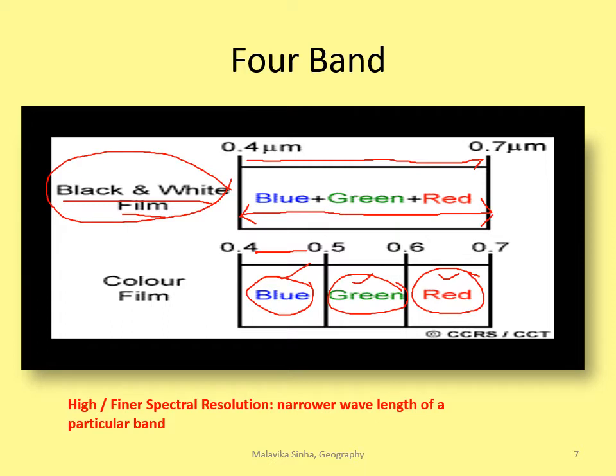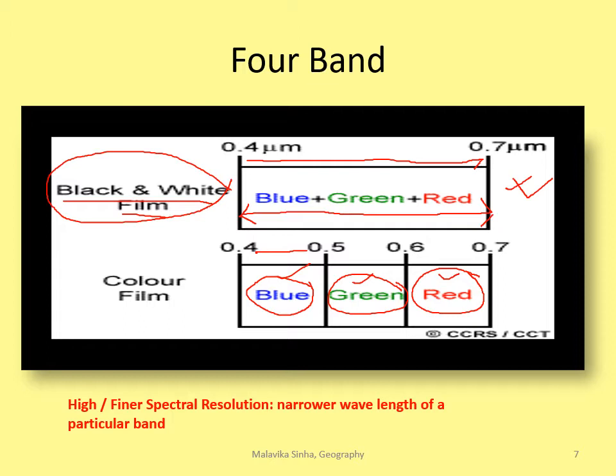Here we used the visible band, split it, and used it as a multispectral band, and this multispectral band is more effective than the panchromatic image, or rather the black and white image. So in remote sensing, the multispectral band is more effective.